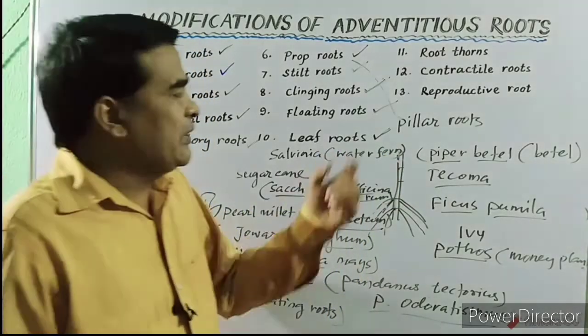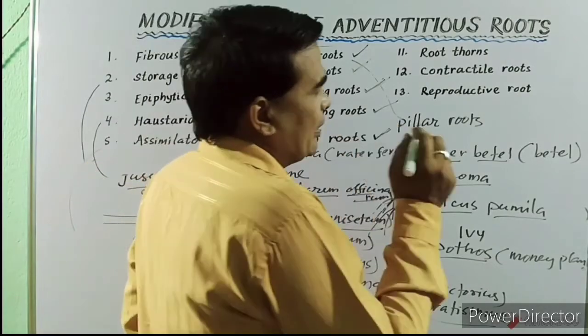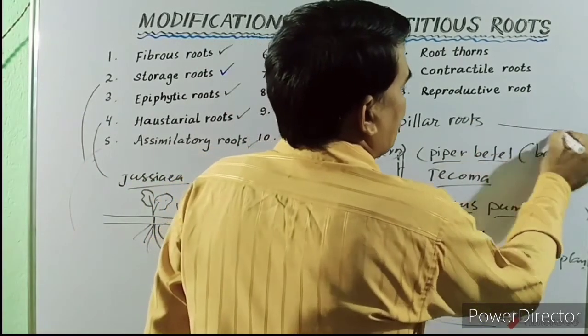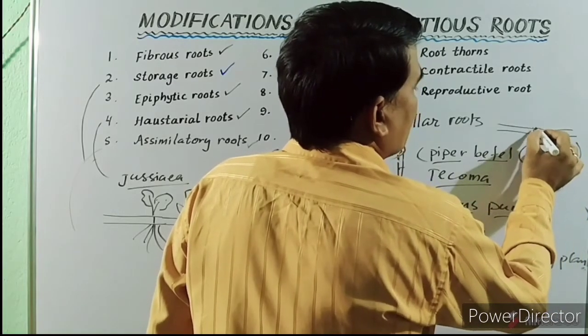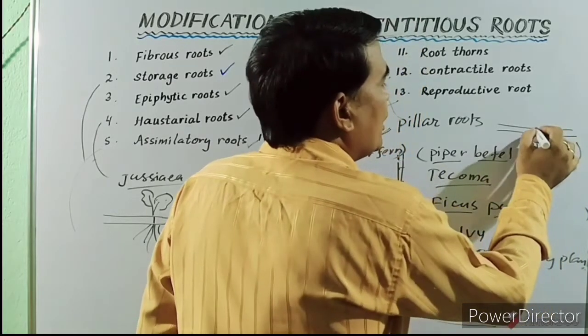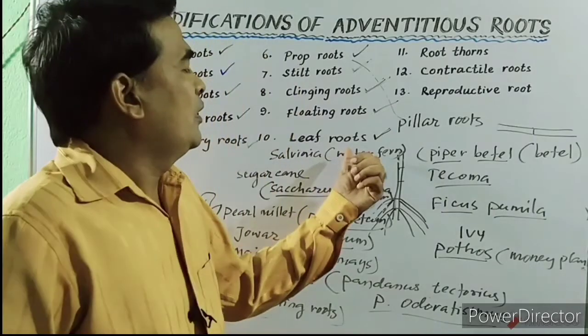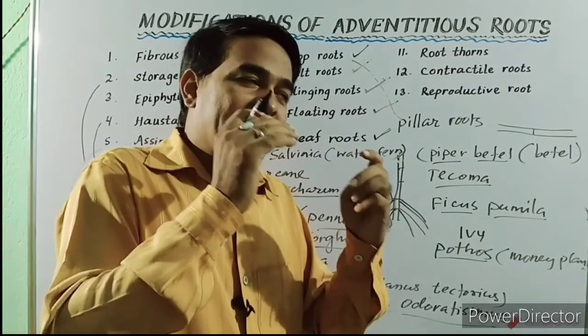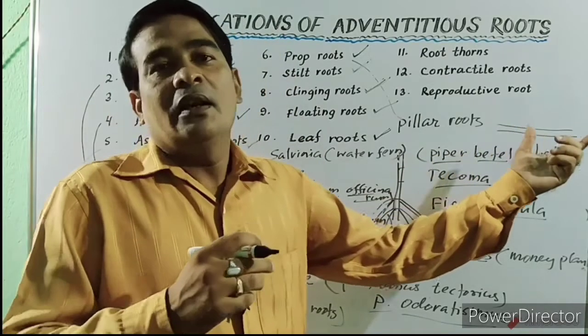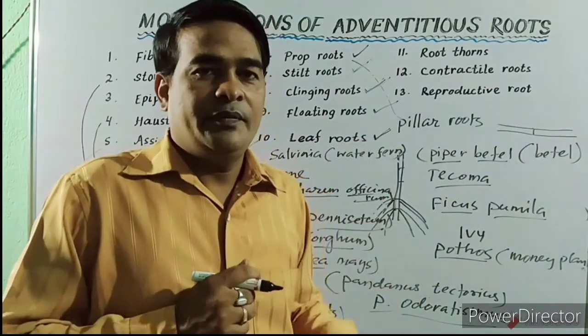Okay, in Salvinia, out of 3 leaves developing from each node, one leaf becomes modified into root for providing balance to the plant on the surface of water.